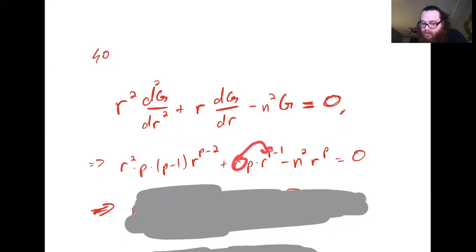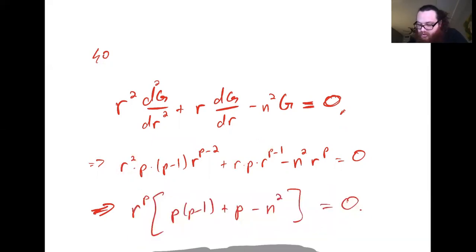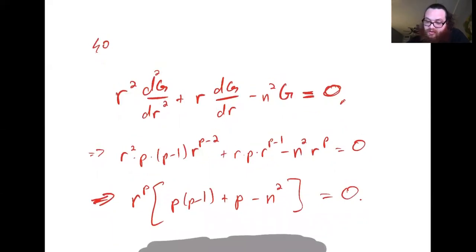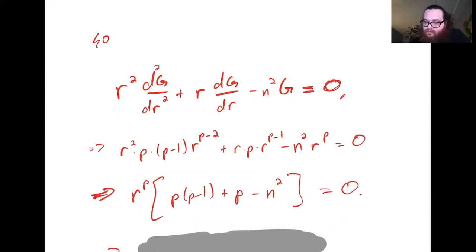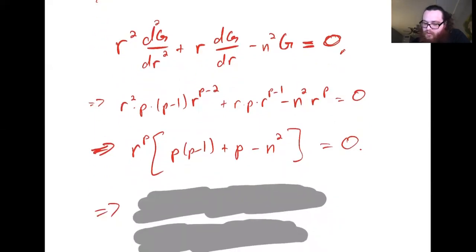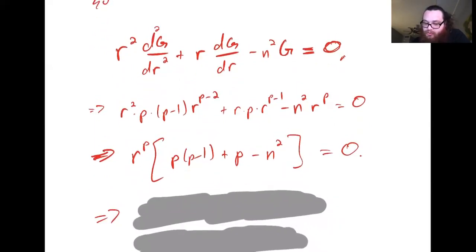Multiply this r by the r to the p minus 1. And then collecting terms, we're going to end up with this. So this with this gives us an r to the p. This with this gives us an r to the p. This is an r to the p. Factor all of these out. We're left with this. And this has to hold true for every possible r.